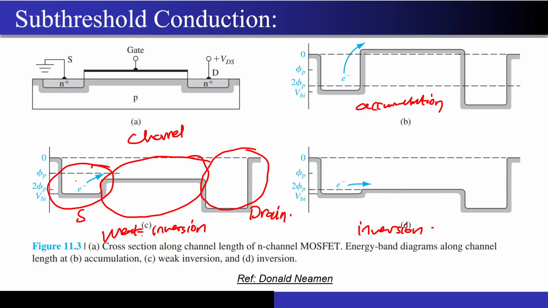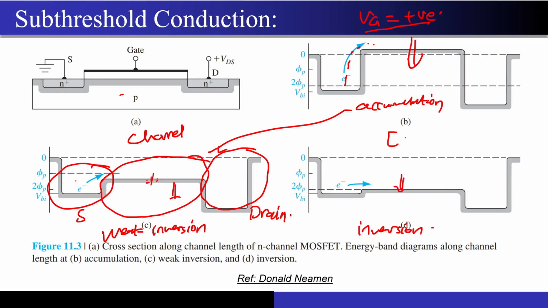So this is what I was telling you. When you apply a positive voltage, your energy band diagram actually gets pushed down, and this is what helps electrons to jump over here. You can see how, from accumulation to inversion, this region near the gate, that is the channel, has its energy level go down, because I have applied some positive gate voltage, and it further went down in the case of the inversion region.